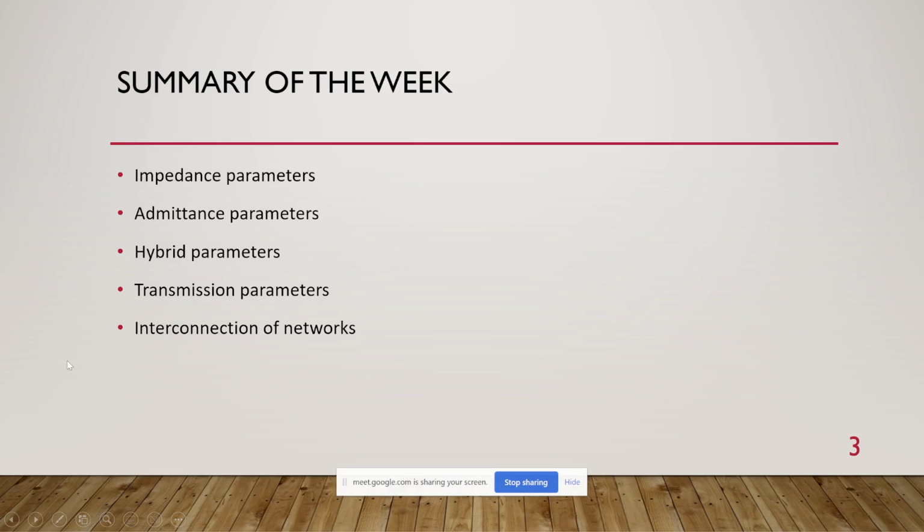Finally, you learned about interconnection of networks and how you connected networks in different fashions: series, parallel, and cascade. And you saw the equivalent parameters for the whole network in terms of the individual network parameters.